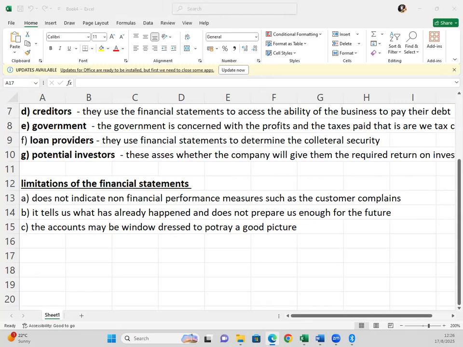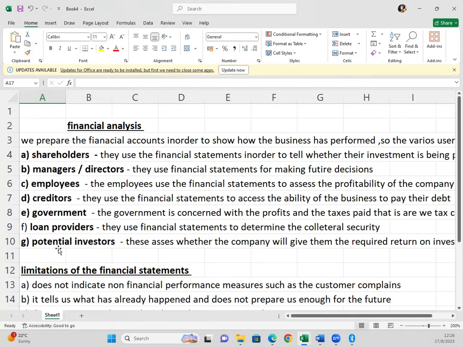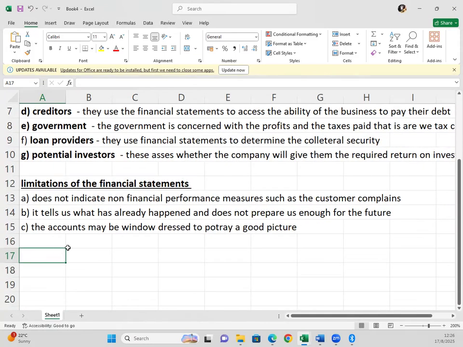So if we are looking at the financial statements, we need to be able to make decisions out of them. Remember the topic I wrote on top is financial analysis. If you have the financial statements, how do you analyze them?